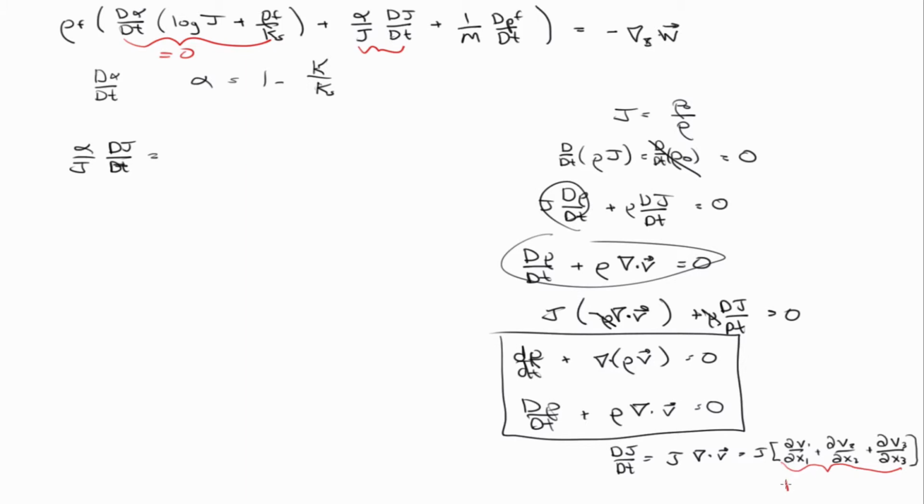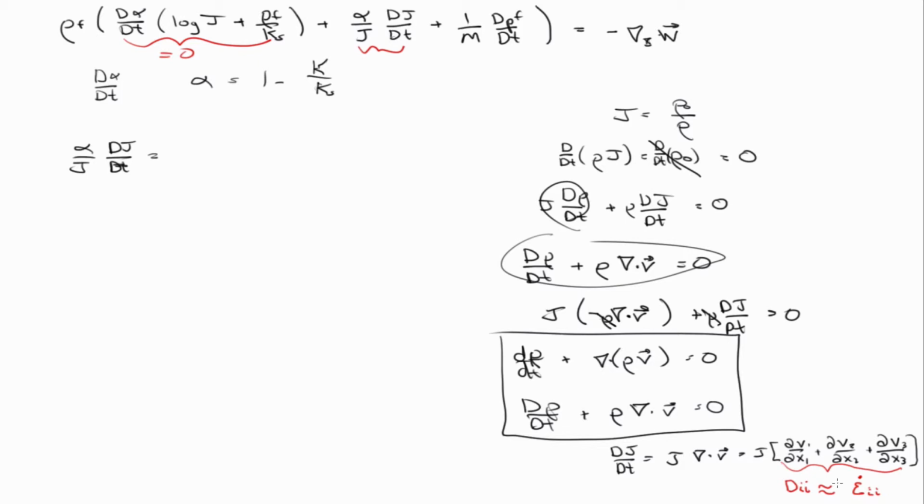It's the trace of the rate of deformation tensor, D_II. And if you remember, when we talked about small strains, we said that D_II is roughly equivalent to the trace of the small strain tensor, right?